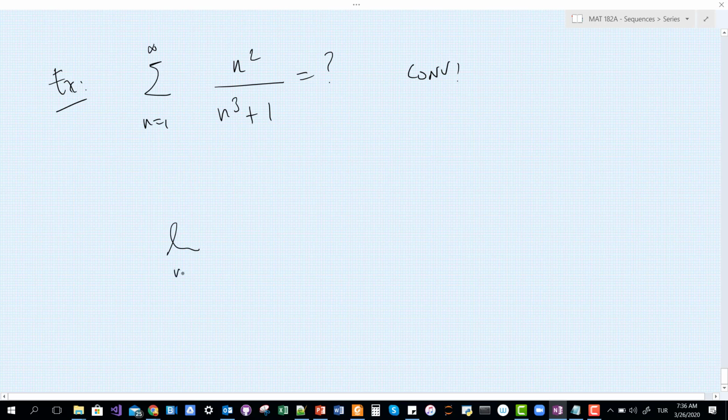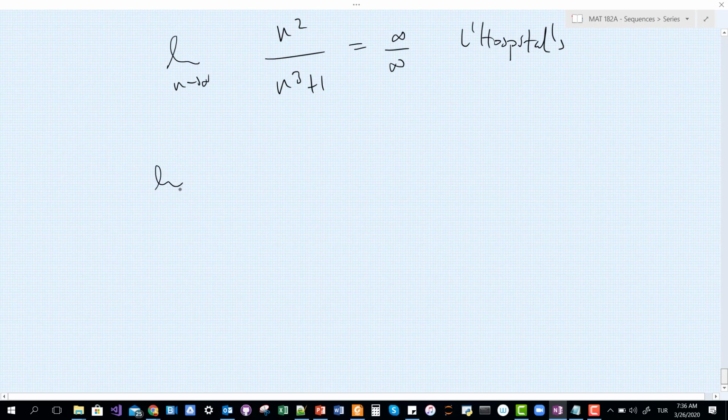Another example, sum from n equals 1 to infinity of n squared over n cubed plus 1. So is it convergent? Limit as n goes to infinity of n squared over n cubed plus 1. It is infinity over infinity. I can use the L'Hospital rule, right?